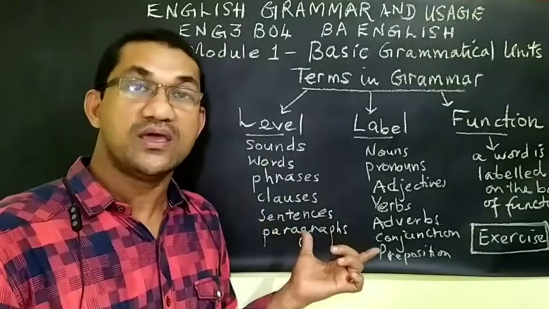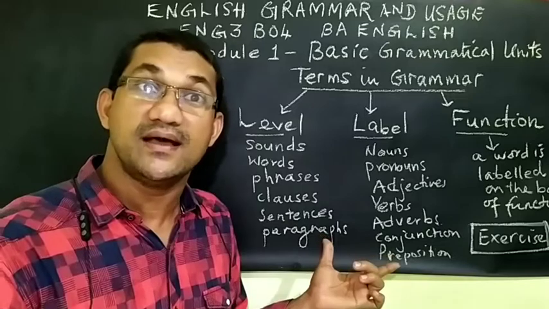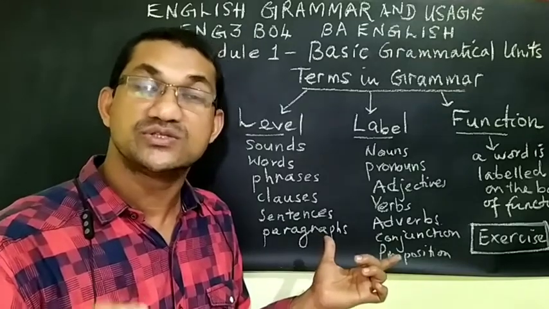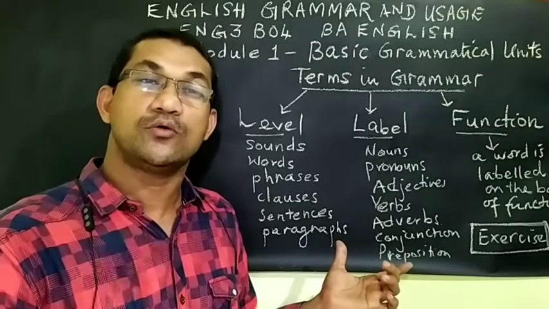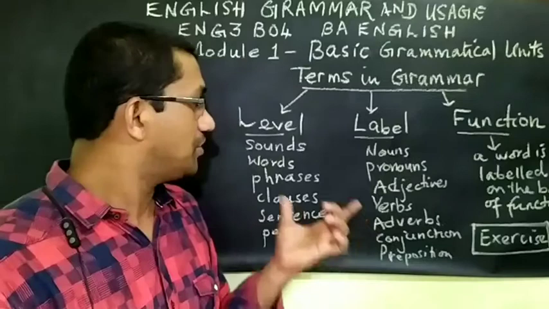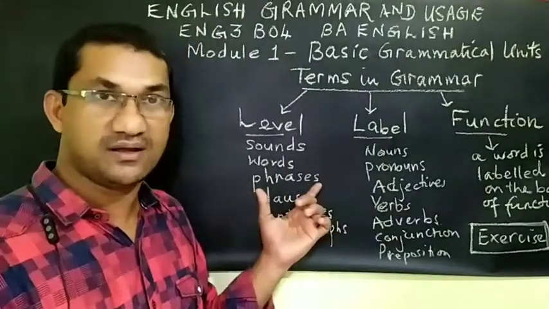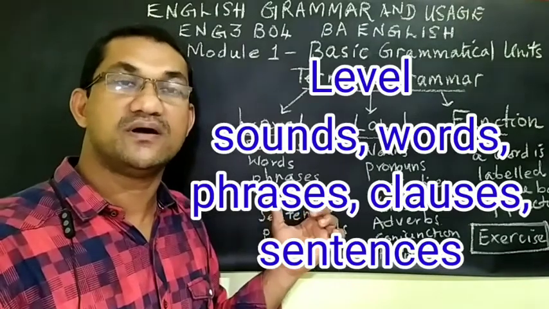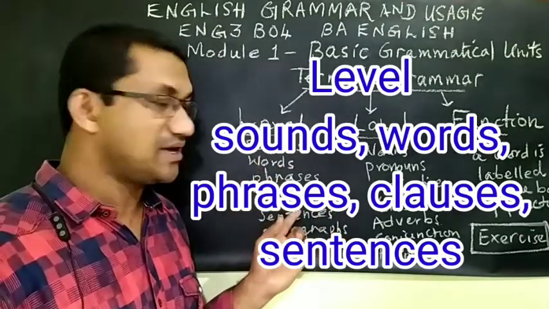We have a number of vocabulary items and elements in every language, so also in the English language. We are going to look at each element of the English language under the term level. We have different levels of elements of language, and let us look at that.